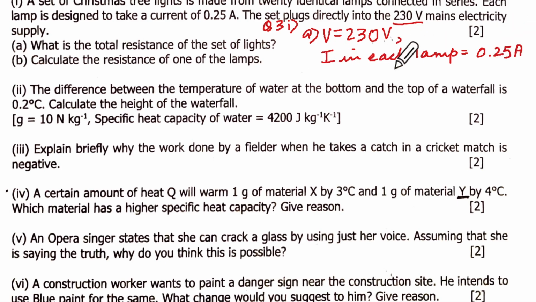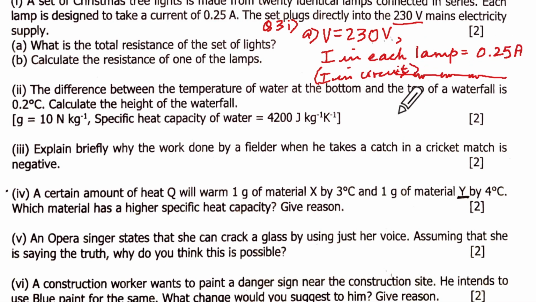Now remember, keep this in mind that these are all bulbs like this, and the path will be the same, right? That means current in the entire circuit will be this only. So I in circuit is how much? 0.25 ampere.